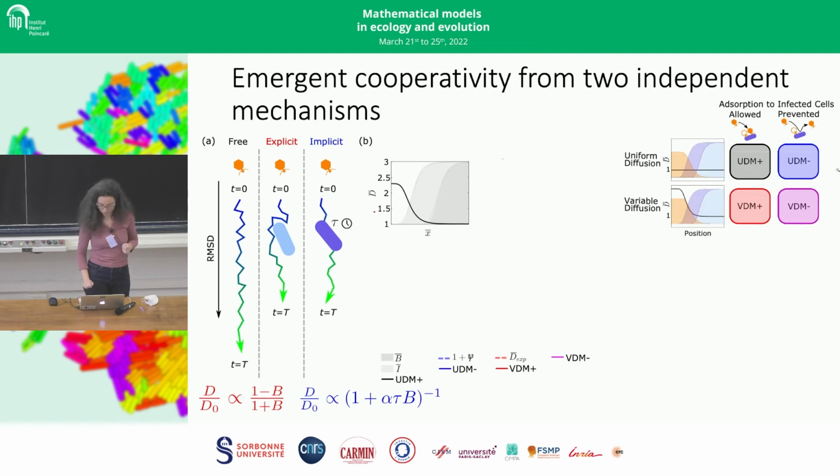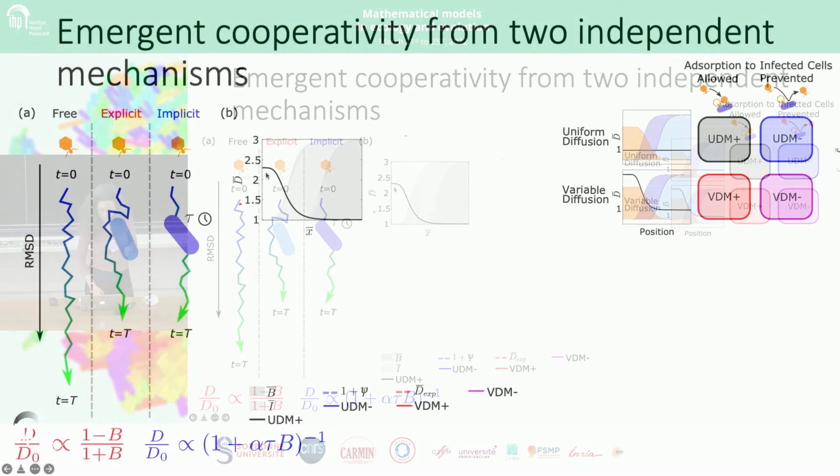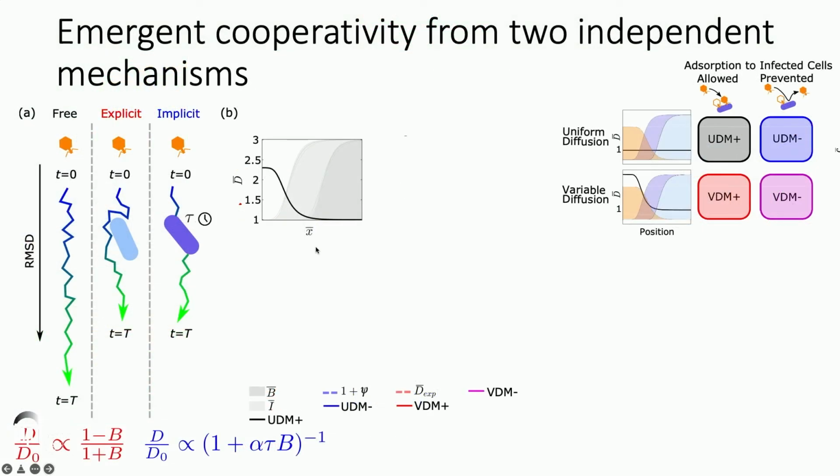So if I have to summarize everything, you start from this UDM plus model that gives this effective diffusion rate, which looks a bit like this, because this implicit effect is always there, it's unavoidable. As soon as you have an incubation time, the phage, or the virus, is going to get stuck there for a while.